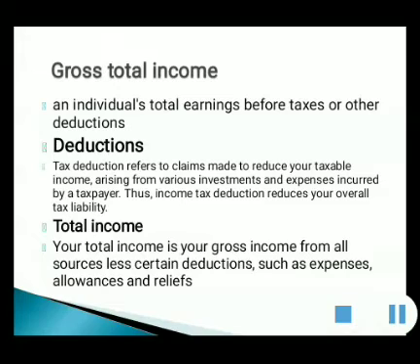So what is total income? Your total income is your gross income from all sources less certain deductions such as expenses, allowances, relief, etc. Deductions include allowances, relief, rebates and expenses. So gross total income minus certain deductions is equal to total income.